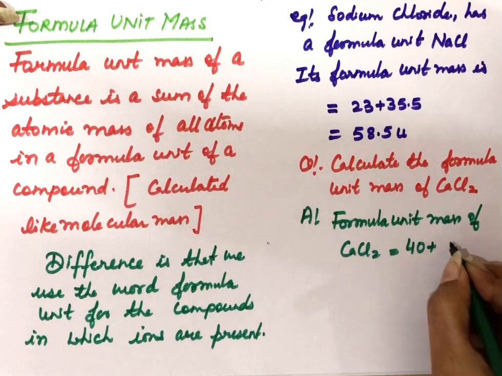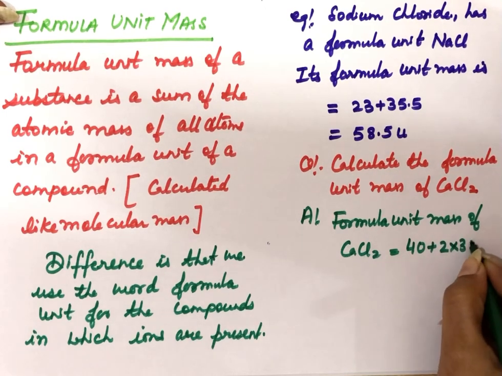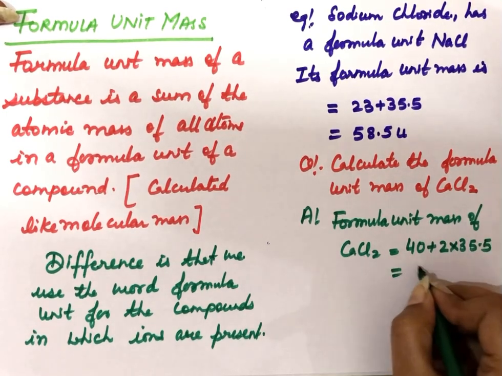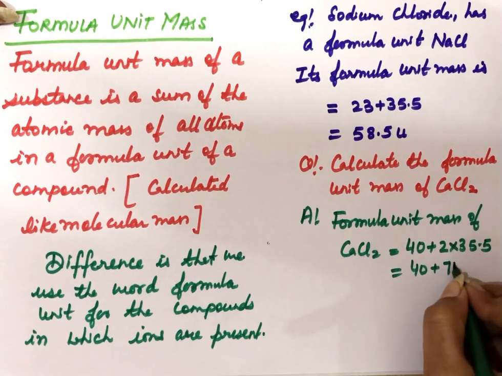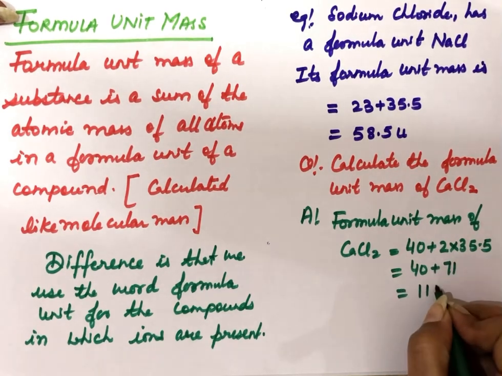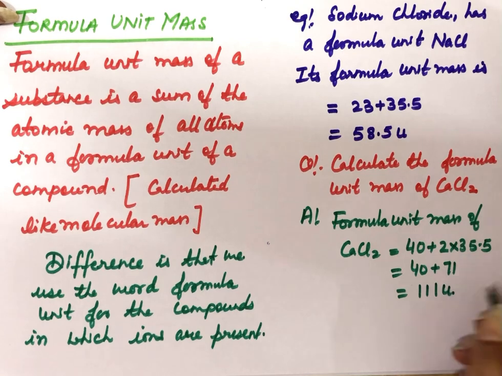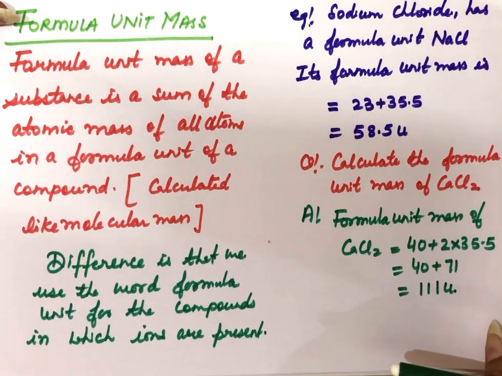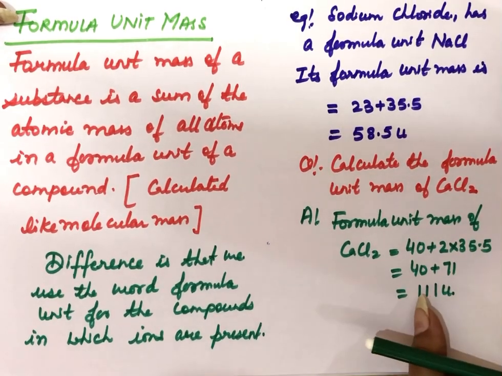To this we add the atomic mass of 2 Cl atoms, which is 35.5. So it's 40 plus 71. This comes out to be equal to 111 U. Like this we can find out the formula unit mass of those compounds in which ions are present.